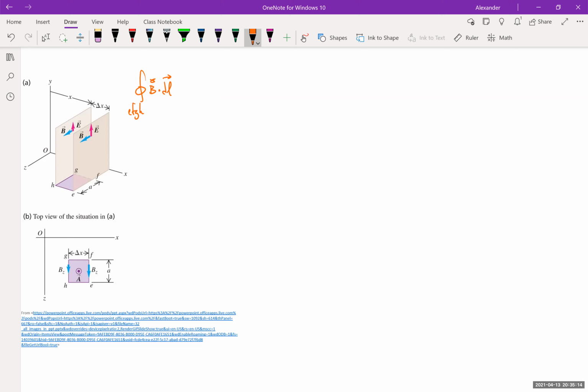Here again, as drawn, only GH and EF experience a positive dot product, or a non-zero dot product even. Path HE and path FG, there's no magnetic field that points along dL. So both those legs of the path have a zero dot product.